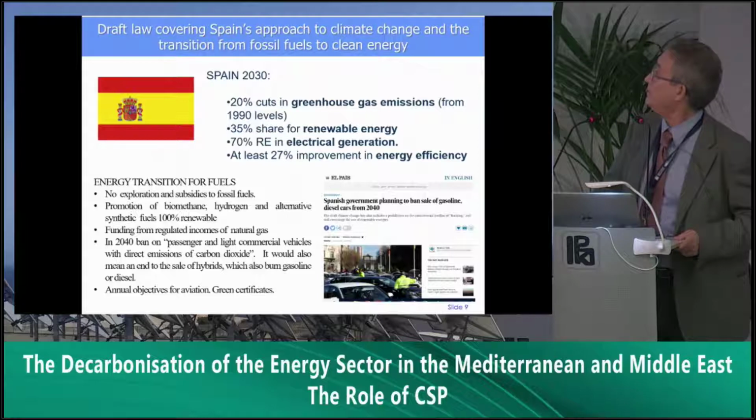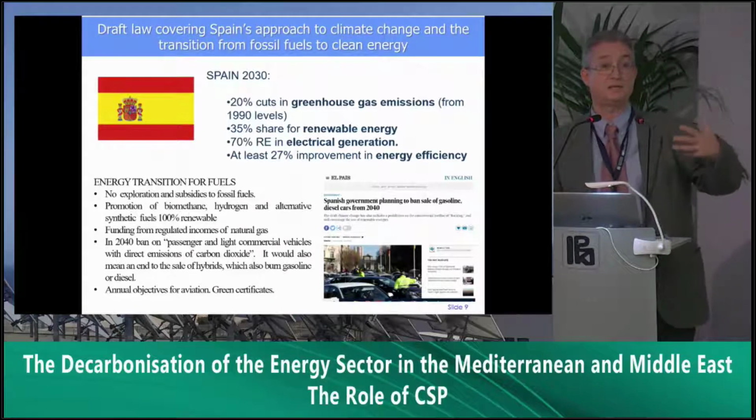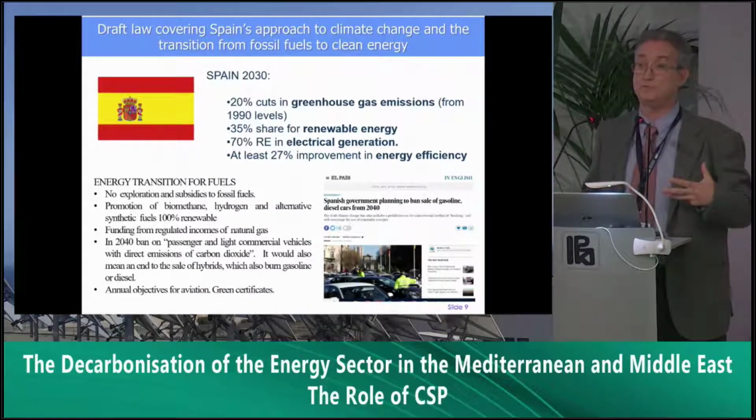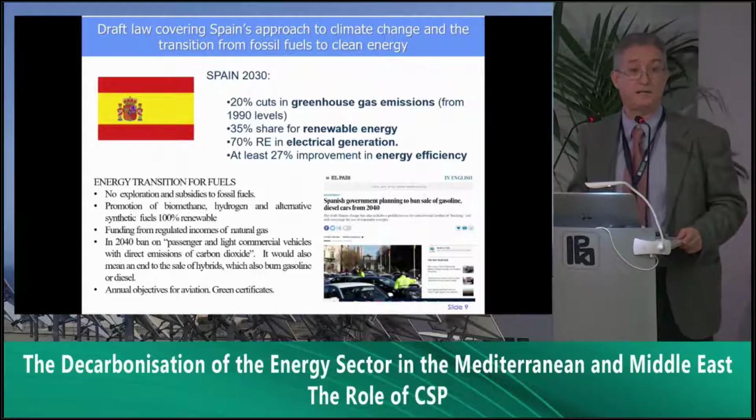It is very ambitious. In general, the share of renewable energy intended for 2030 is 35%. But what is important is that when we analyze the articles of this draft law, for example Article 13 and Article 14, they especially mention hydrogen and alternative fuels.